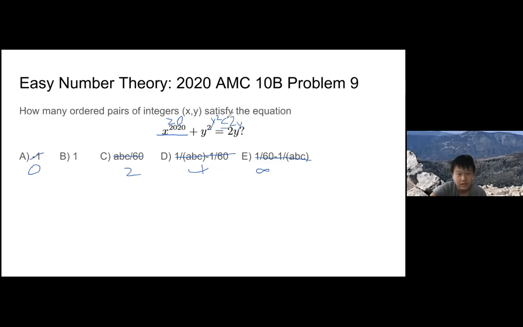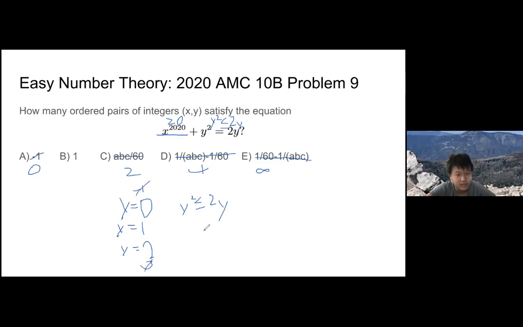It can't be greater because then the left-hand side would be greater than the right-hand side. What values of y satisfy this? Y equals 0 satisfies this. Y equals 1 satisfies this. Y equals 2 satisfies this. And no other values. You can check -1, 3, neither of them work.